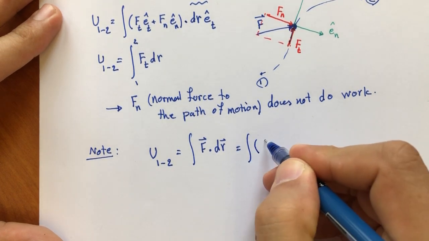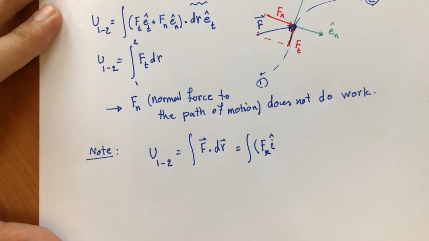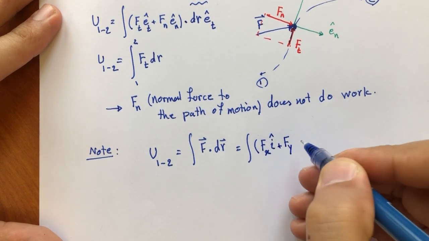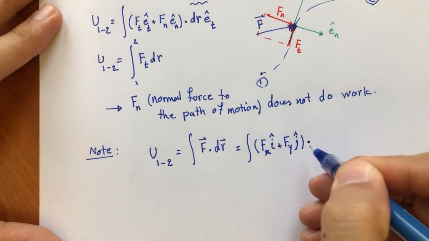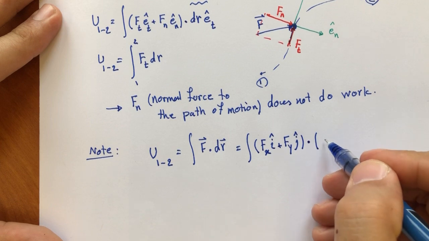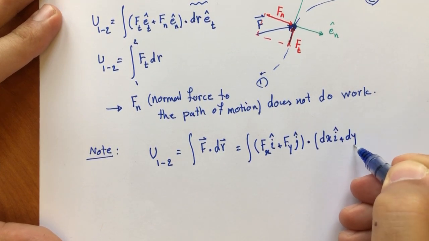So I can write the force as the component of the force in the x direction, multiplied by i hat, plus the component of the force in the y direction, j hat. Dot product with dr, and we can always write dr as dx in the i direction plus dy in the j direction.